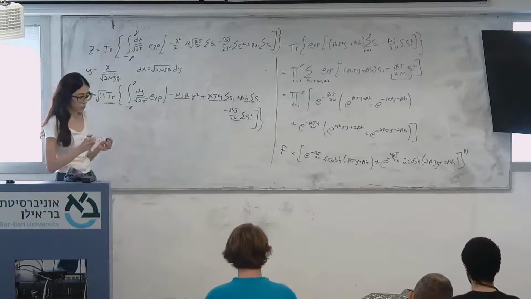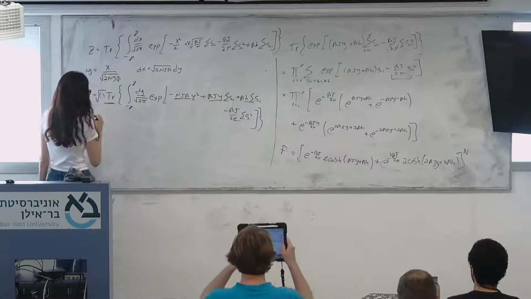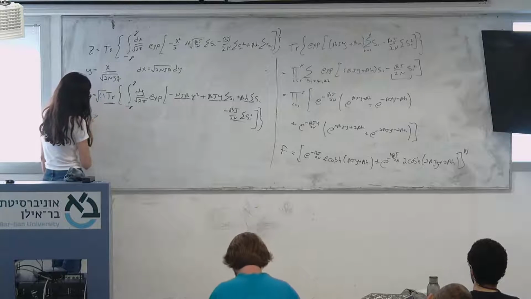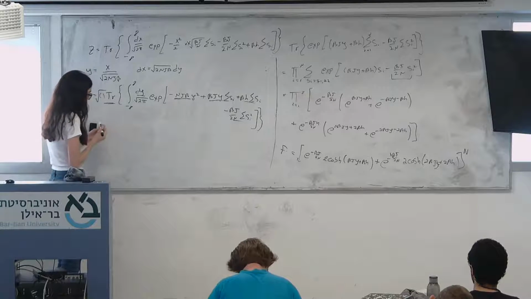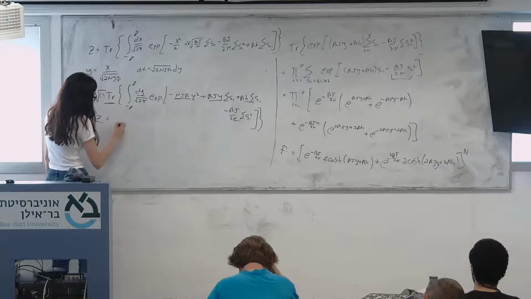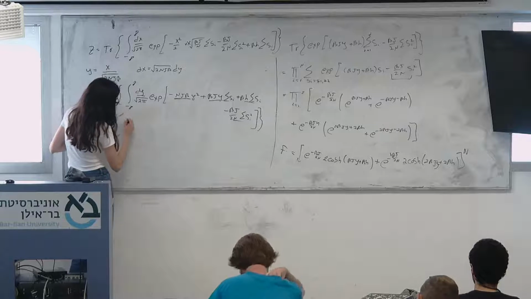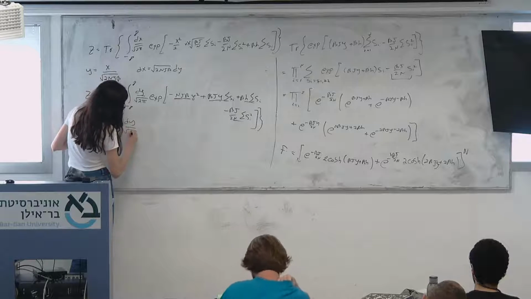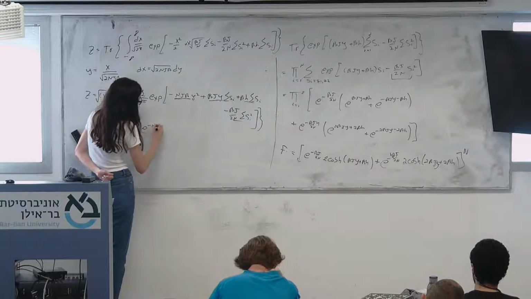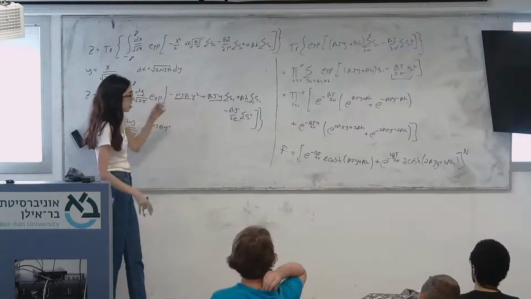So if we put it back in the partition function, what we get is an integration of dy e to the minus n J beta y squared, because we said that this doesn't change.